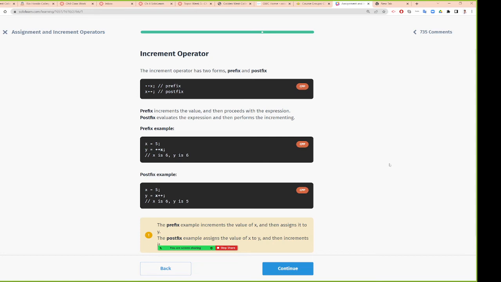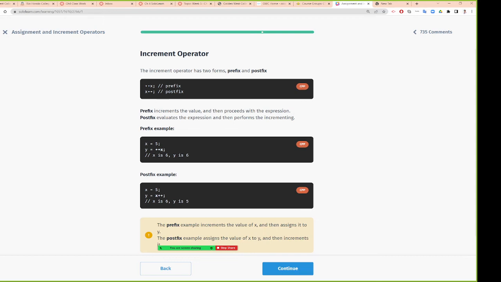All right, so there's a different thing. There's a prefix. There's a postfix. All right, so if I have a prefix, I increment and the value will be changed. Prefix increments the value and precedes the expression.